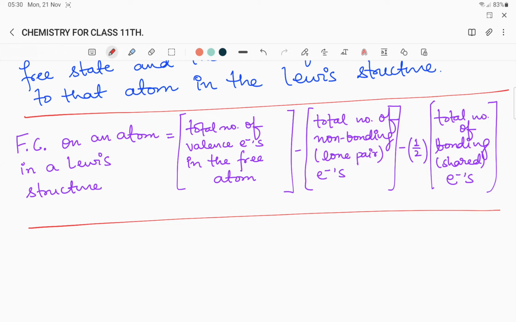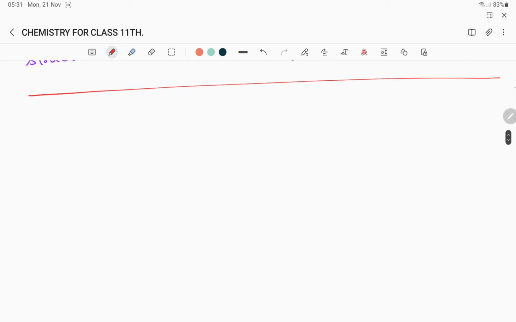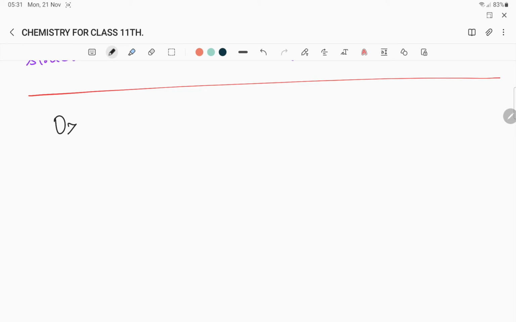Now we are going to learn this formula using an example. We can take a very simple example of an ozone molecule. As you know, the ozone molecule is given by the formula O3. All are the same atom here, that is oxygen, but they will carry different formal charges.